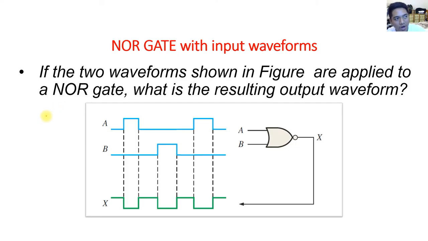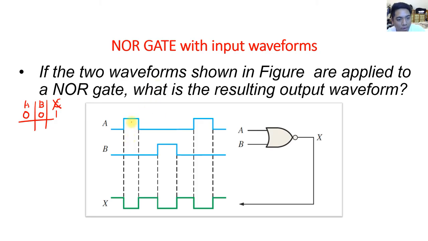Again, we know that the NOR gate will only produce high if both A and B are low. So of course, the output X will be high because 0 plus 0 would be 0, and then you negate it, that will be 1. Otherwise, it would be 0.